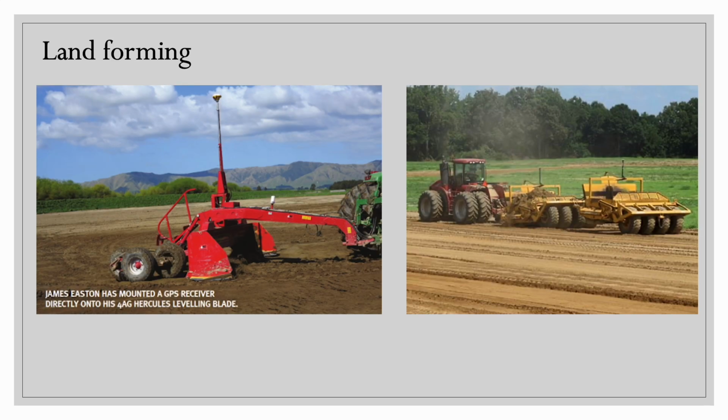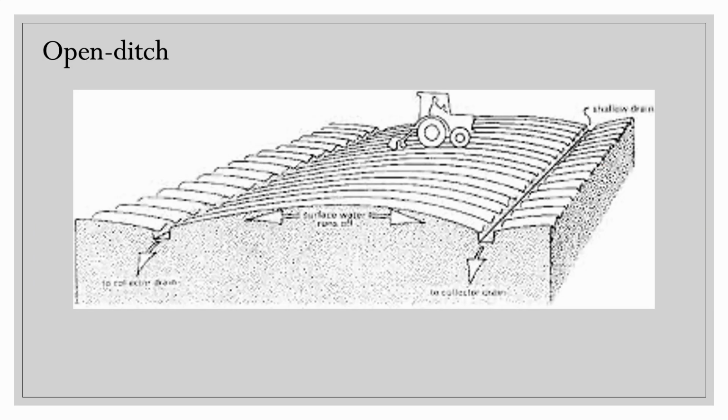All right, so you may have seen this around. We've gotten really good with our technology and being able to landform this so that we can move water off of our sites effectively, efficiently, but also not too fast so that we actually get to maintain some of that soil moisture. We have an open ditch.